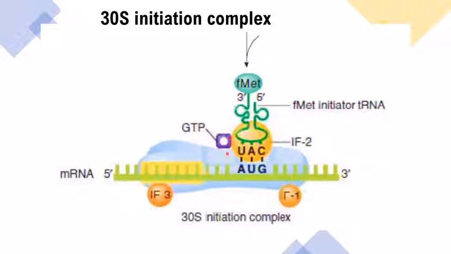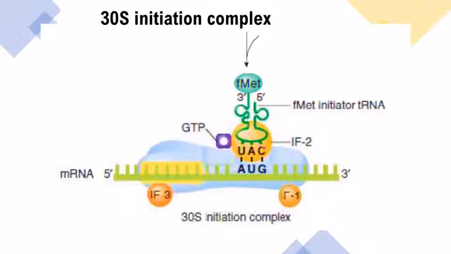Hydrolysis of GTP is required for loading of this tRNA molecule by initiation factor number 2. Right now we know the function of initiation factor number 2, that is, it is used for loading of the initiator tRNA by hydrolysis of GTP at the P site. Now the A site and the E site are free. Actually, the A site or the amino acid site on the ribosome is not used for loading of this initiator tRNA.